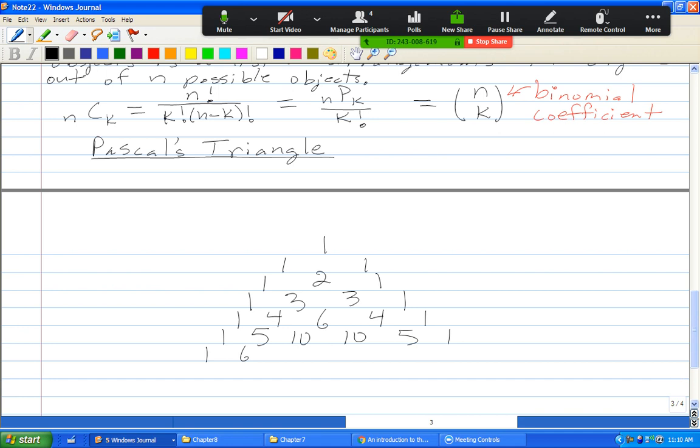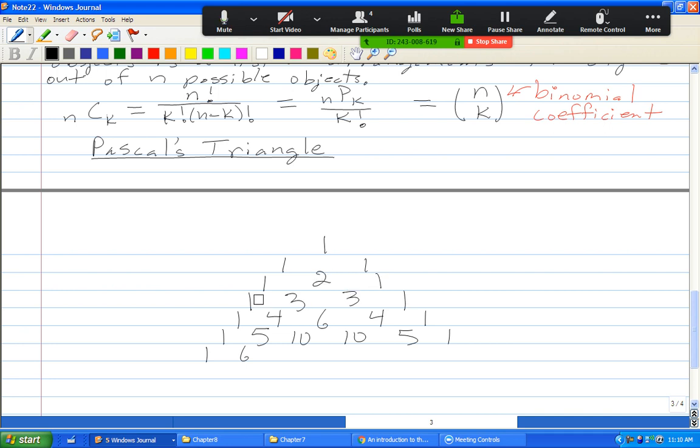So the way that we proceed is that we always have ones down here, and then to find the next term, you add the previous two above it. So to figure out 3, you go 1 plus 2 is 3. 2 plus 1 is 3.